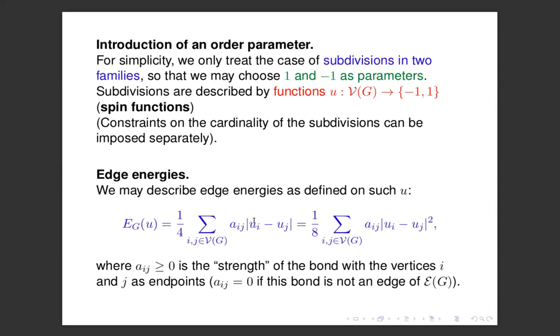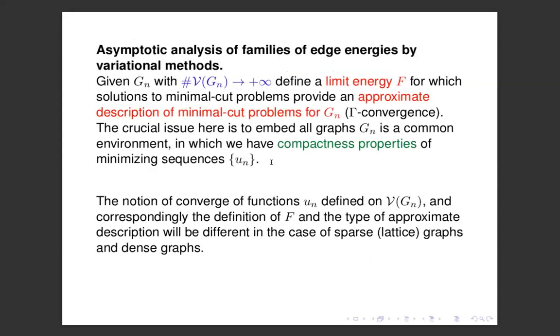This is another way to write the same thing. And then we want to pass to the limit and see what happens to the minimal cut problems. But this is done by defining a limit energy, not looking at the problems themselves, not looking at the solutions, but looking at the behavior of the energies.